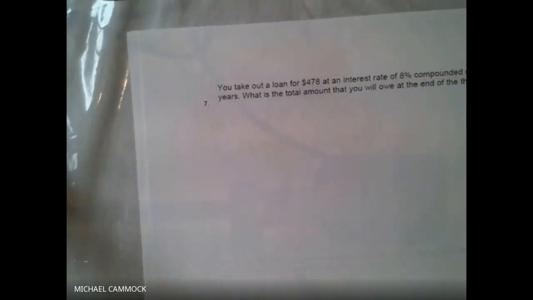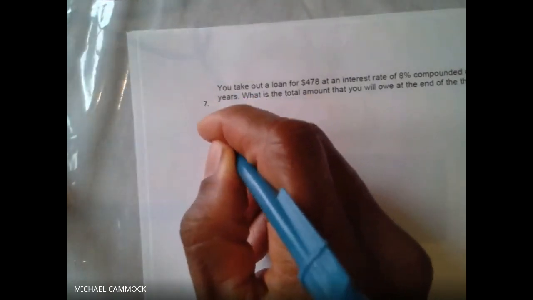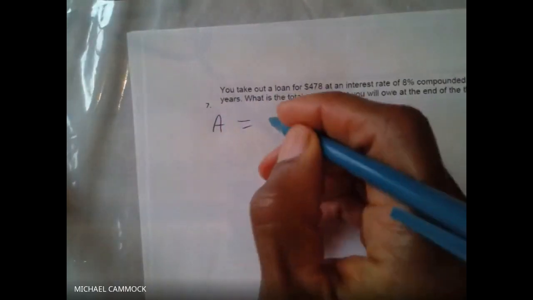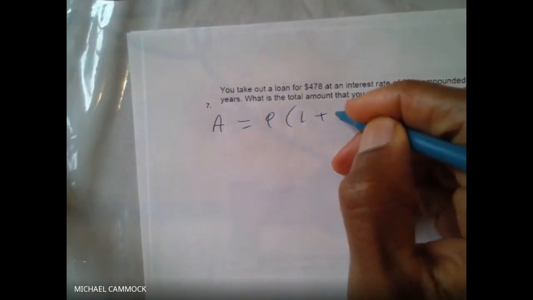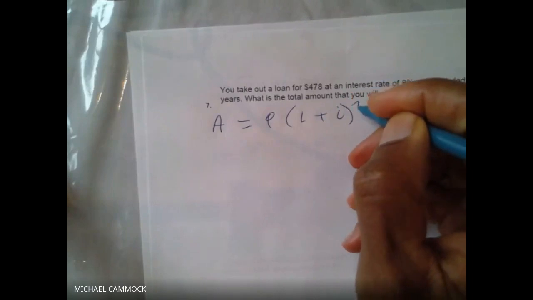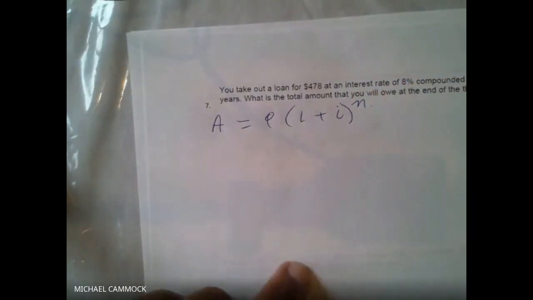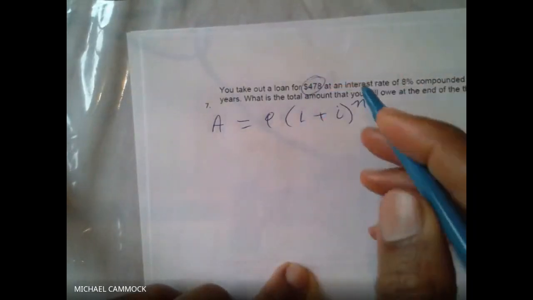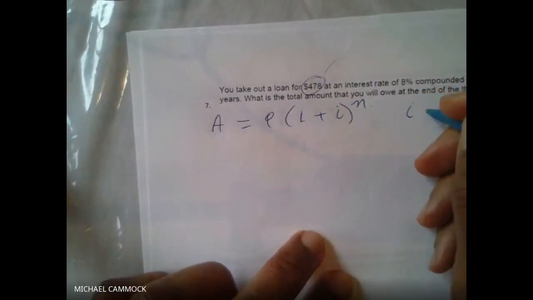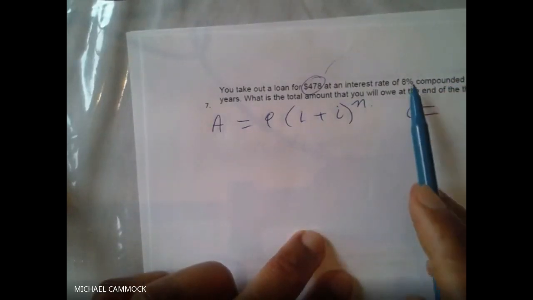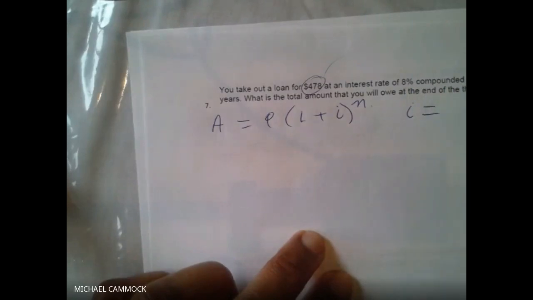So here's my formula again. The amount is equal to P times 1 plus the I, to the power of N. The P in this case is my 478, but I need to adjust that I. Help me out. It says 8% compounded quarterly. What do I do with my 0.08 again?